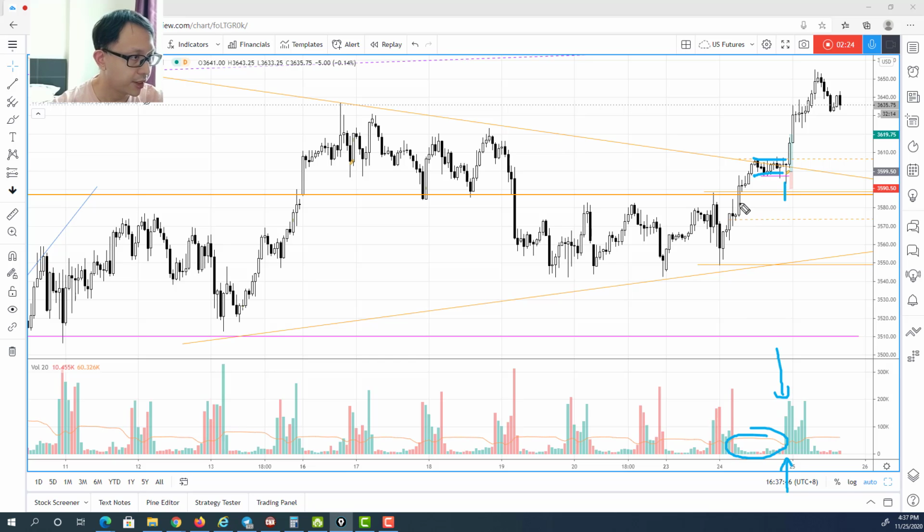So that's right after the early Asian rally up, followed by the European London session tight consolidation, and that just consolidates just below this supply line from the apex in the symmetrical triangle.